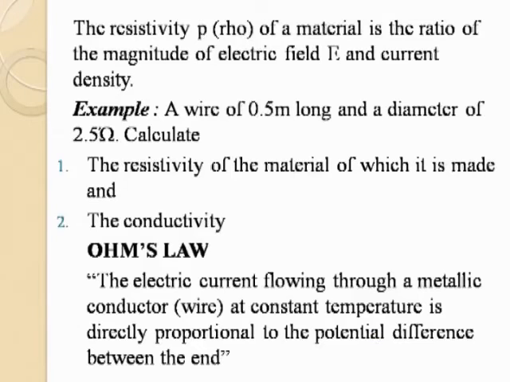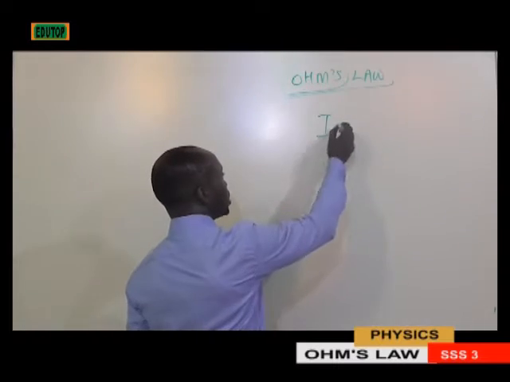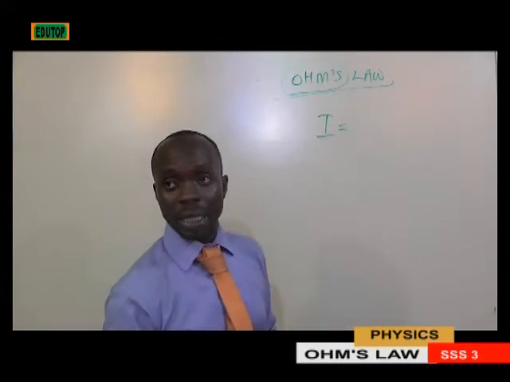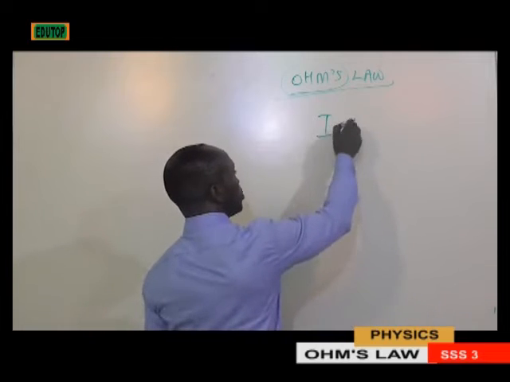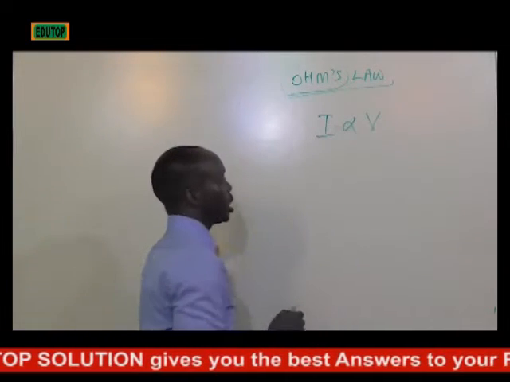Now, the electric current flowing through a metallic conductor wire at constant temperature is directly proportional to the potential difference across the two ends. The electric current is directly proportional to the potential difference. Are you getting it?